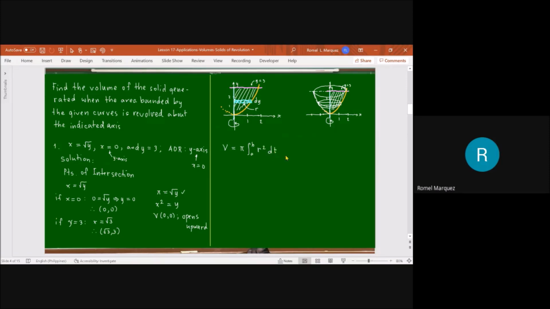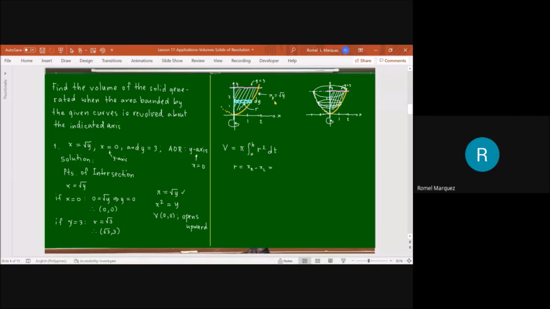Okay? So our R here is, for this case, x right minus x left, because this is horizontal. Our x right is the curve y equals x squared, or x equals square root of y.